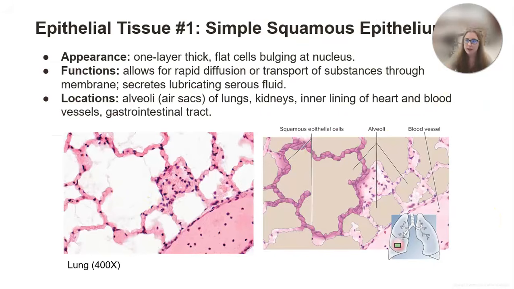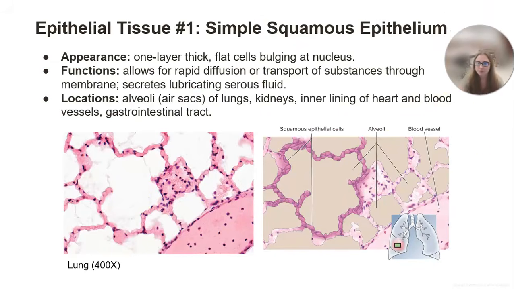Jumping into this first guy here, let me get myself out of the way a little bit. We have our first epithelial tissue type, our simple squamous epithelium. Now, the word squamous actually comes from the root squam, which means scale. So think of squamous cells as looking like scales, like the scales you'd see on a snake, these flat structures that take funky shapes.